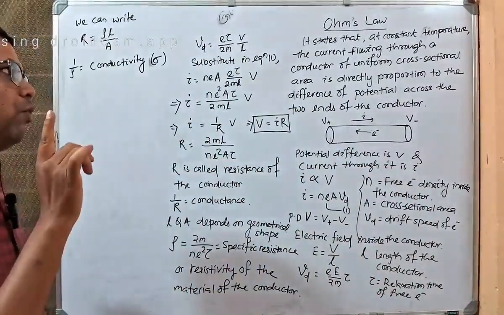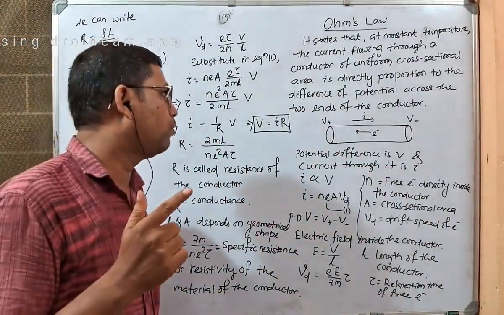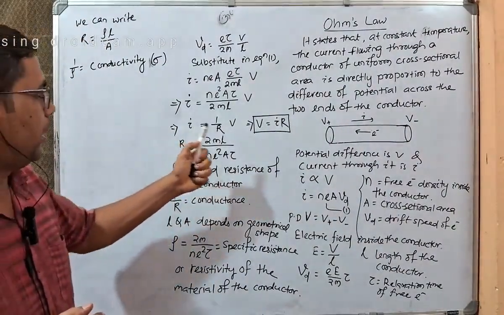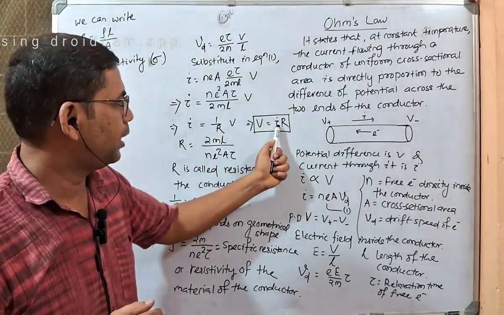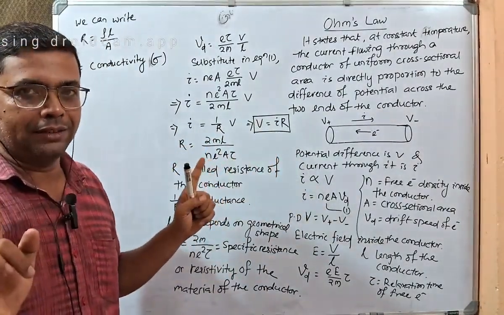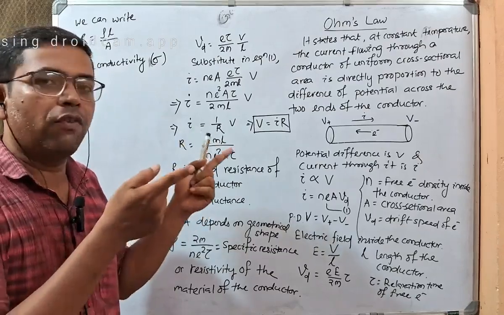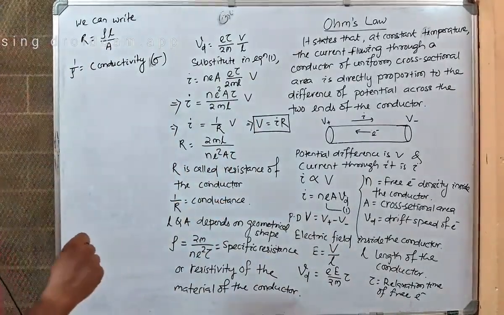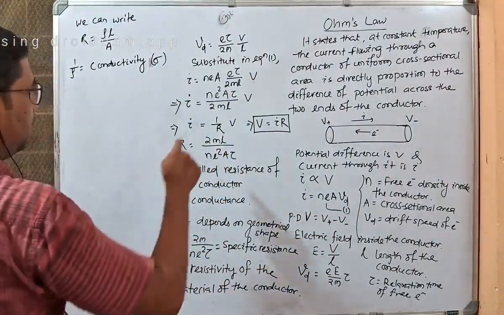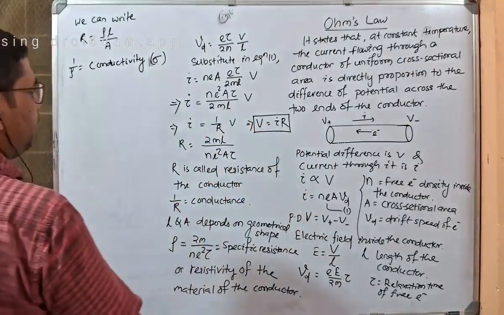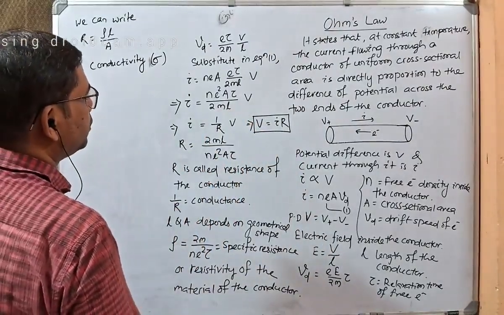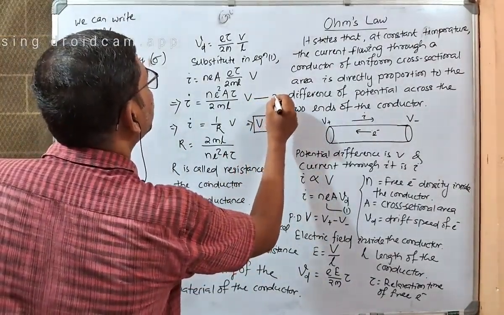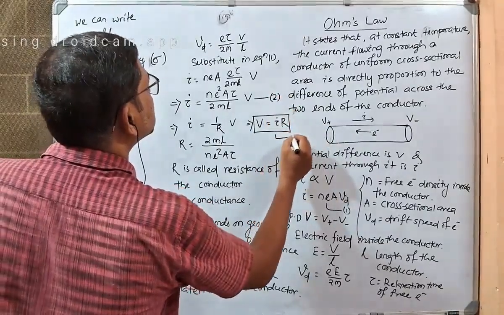There is another form of Ohm's law. Here we compare two scalar quantities, potential and current. There is another, vector form of Ohm's law. Suppose this is equation 2 and this is equation 3.